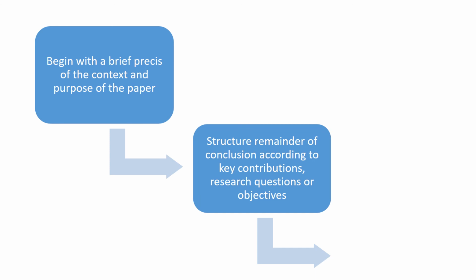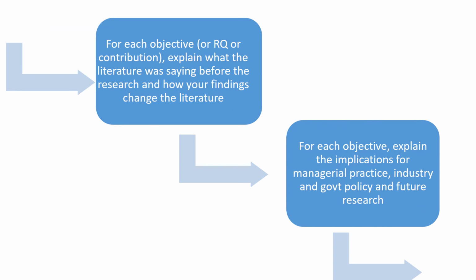That would then lead on to the next step, so that for each objective or research question or contribution, explain what the literature was saying before the research and how the findings have changed that research. For each objective, explain the implications for management practice, for industry and government policy, and for future research. And that would lead on to a review of your conclusions.